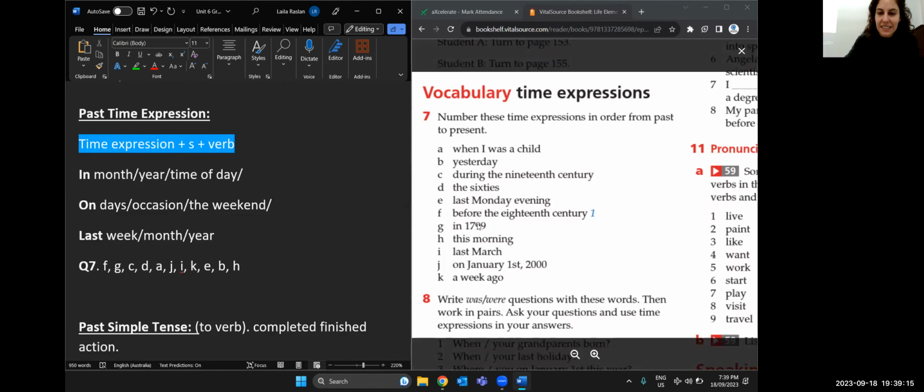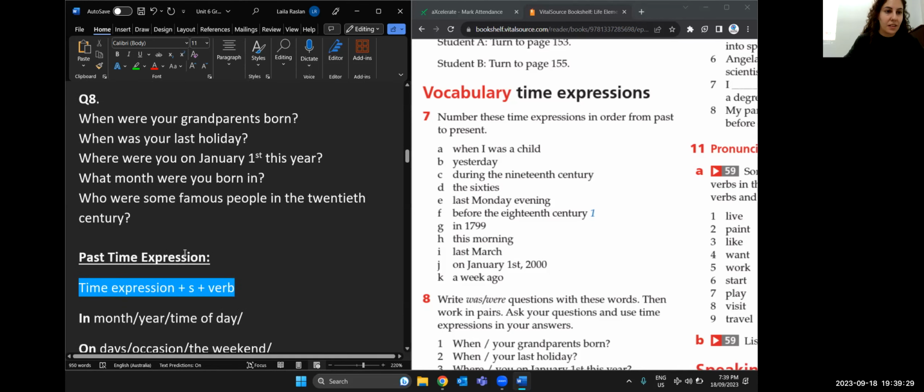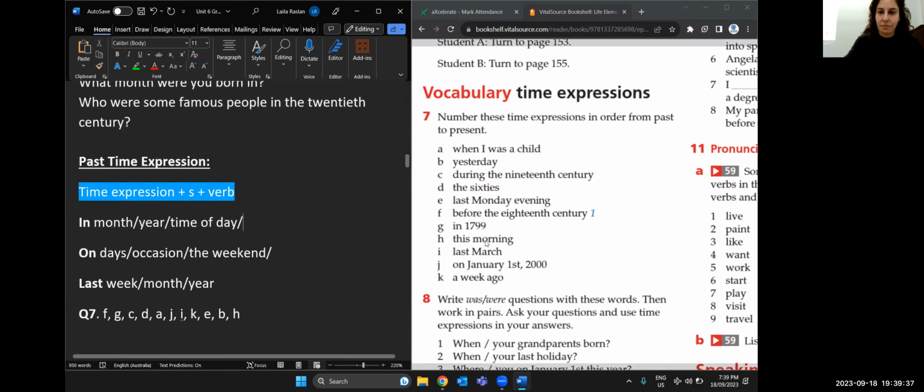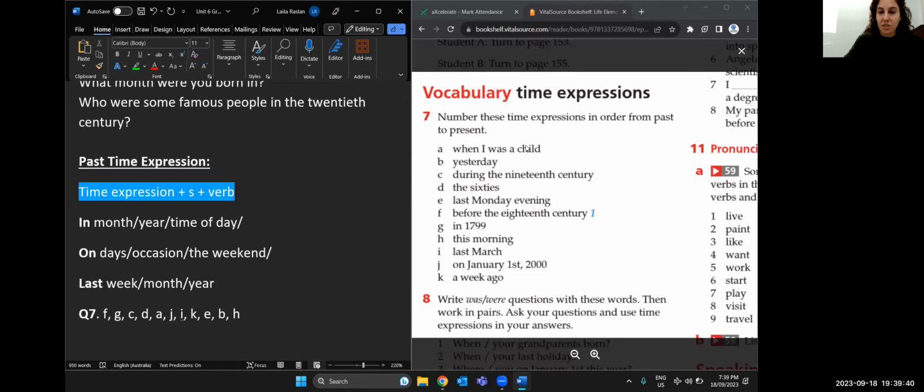So if we look at these sentences from A to K, let's see which one is the oldest to happen to the most recent. What would you pick as your first one? So the oldest one, was it yesterday? No, because when I was a child is a lot further in the past. During the 19th century, the 60s, last Monday evening.